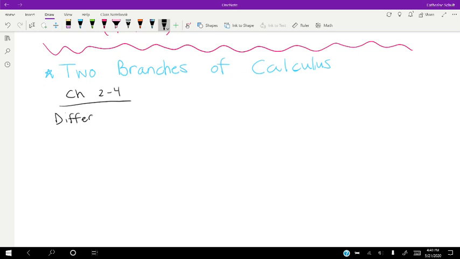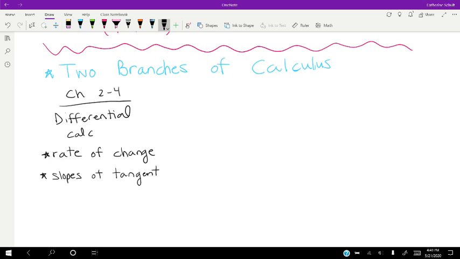So that was your differential calculus. And we learned about rate of change, which is like velocity. And we also saw that derivatives were slopes of tangents. And that makes sense because slopes are rates of change. Okay, so that's the main thing of chapters 2 through 4.